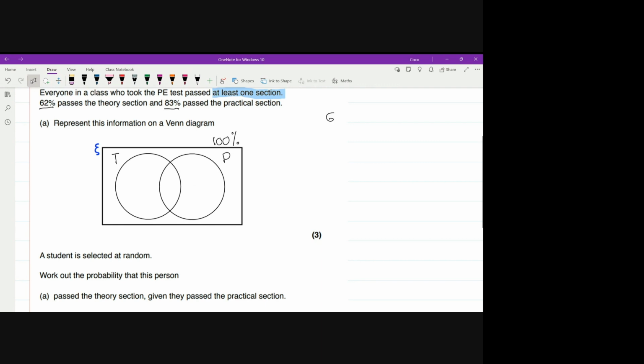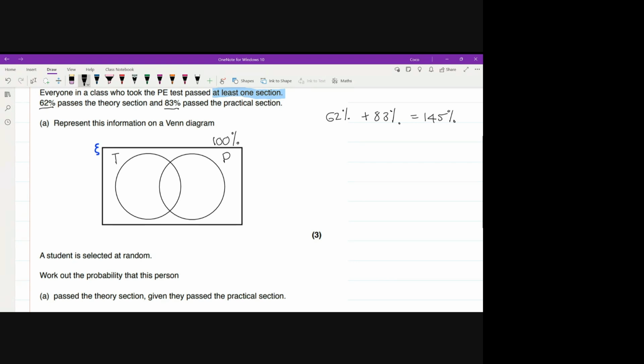If I take 62% and I add 83%, how much do I get? 145. I get 145%, but my classroom is only 100% of people. What does that tell me about the intersection over here? How many people actually go in here?